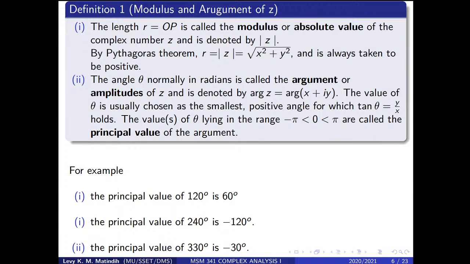Also, you should take note that the length is never negative, it's always positive. So you never find a length which is negative. So the modulus of Z is equal to the square root of the square of the real ordinate plus the square of the imaginary ordinate.